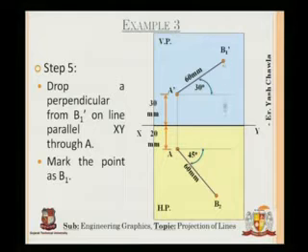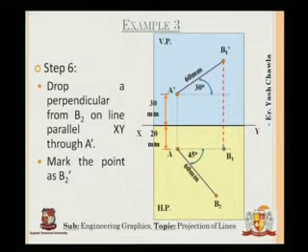I will drop a perpendicular right up till here, on this line of A, and I will mark this point as B1. Similarly, I will do the same thing with B2, and I will drop a perpendicular from this point to A dash.